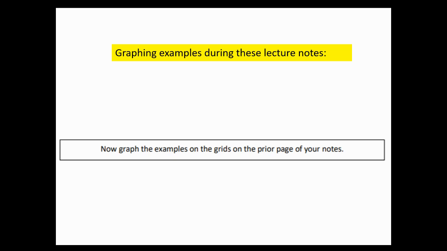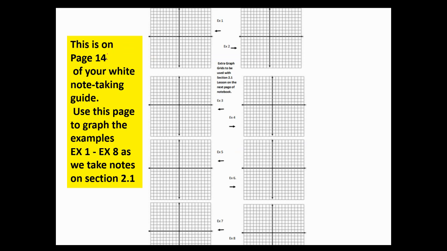So the graphing examples during these lecture notes on page 15, you'll see this little notation. It says, now graph the examples from the lecture on the grid on the prior page of your notes. So what that means is I want you to turn your white notebook to page 14. I pre-printed this page, so we're going to do 4 examples today.